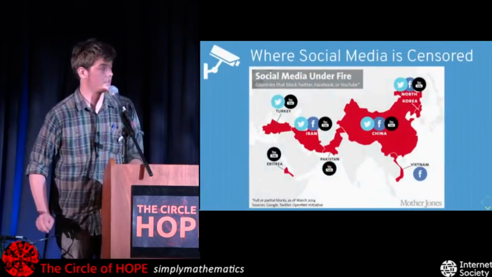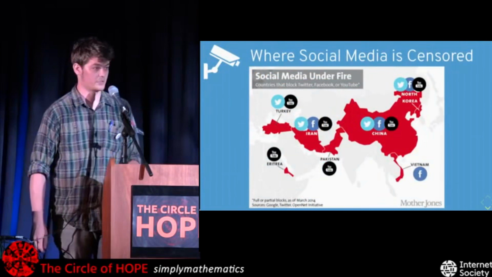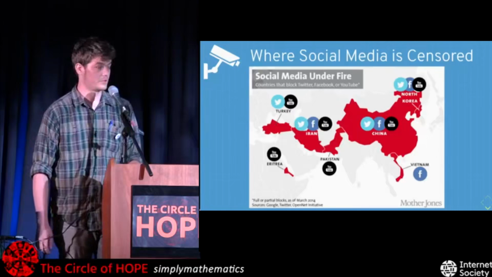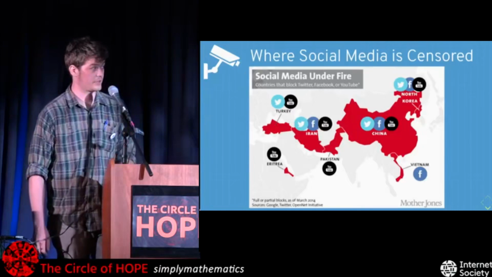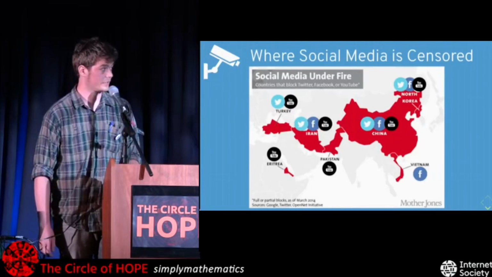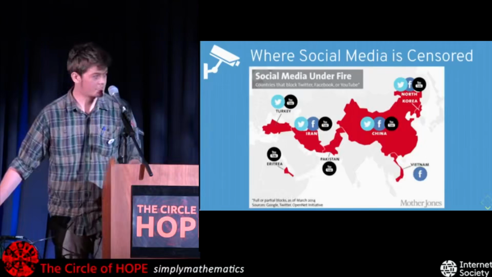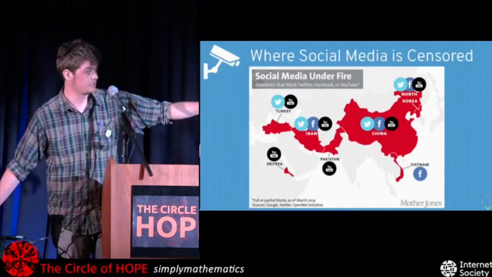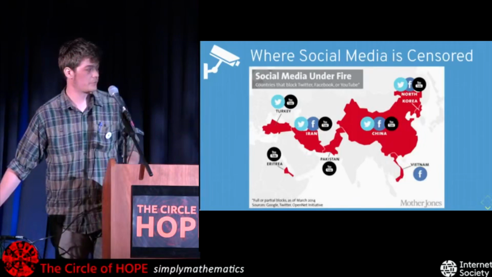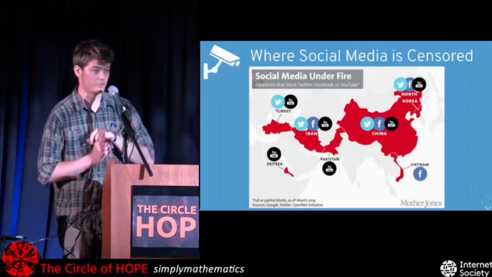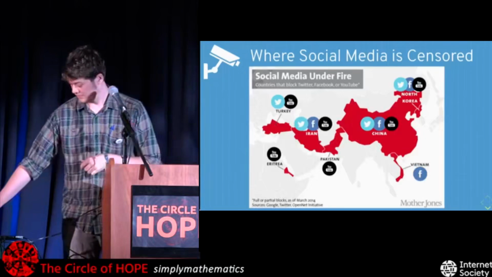In particular, these places like to censor social media because it makes it very easy for people to coalesce around things they agree with and come against the government. One place not on here is Egypt. While it did censor the internet in 2012 and 2016, for a couple of years they were doing okay.